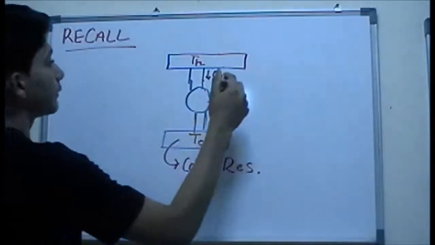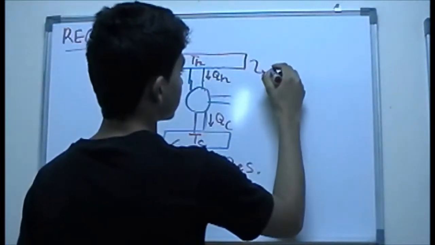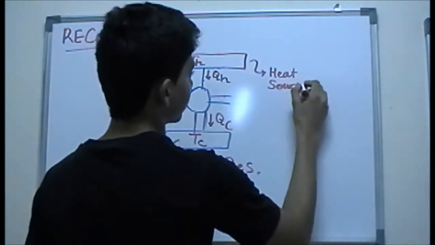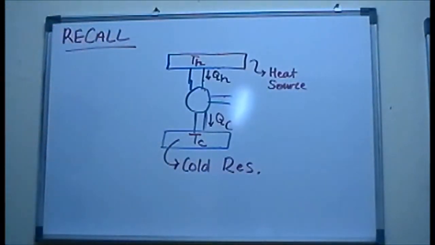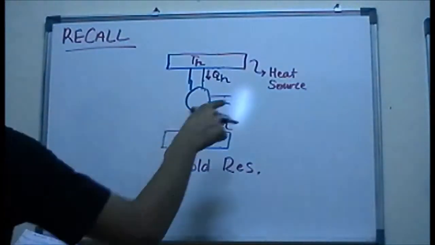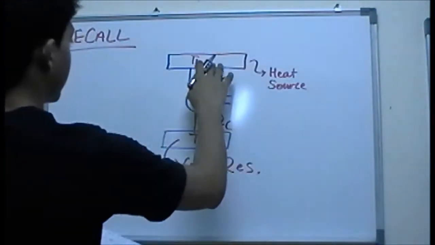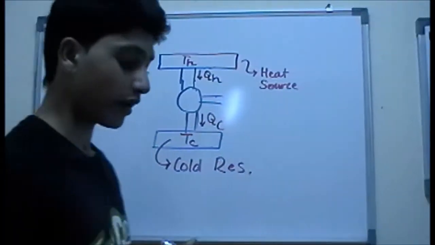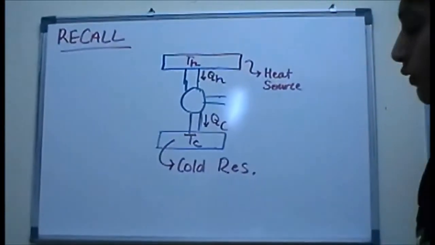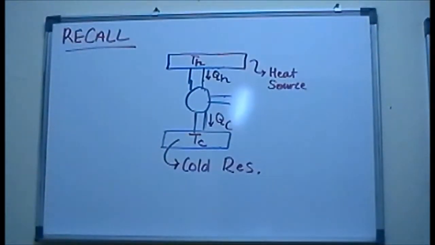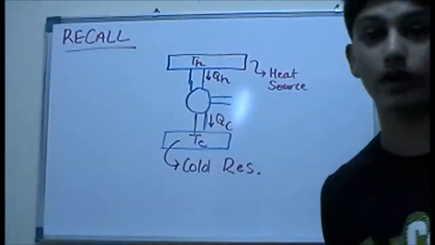Now this over here is the heat source, and when you have a heat source at the temperature of the hot level, the heat comes out of the engine that you build. Now this over here has some work as well.